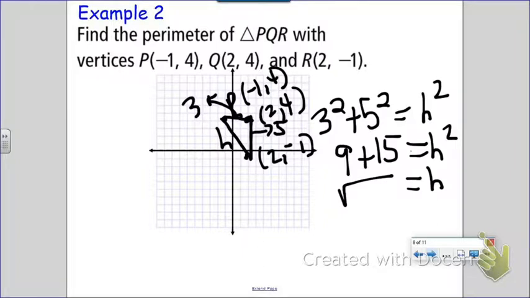So if we add 25 plus 9, 34. Perimeter, so square root of 34. Again, you can approximate that as a decimal, or you can just call it a total of 5 plus 3 is 8, plus the square root of 34.